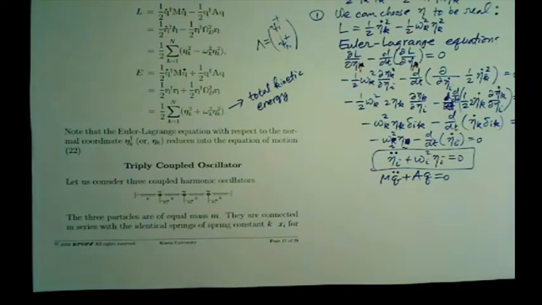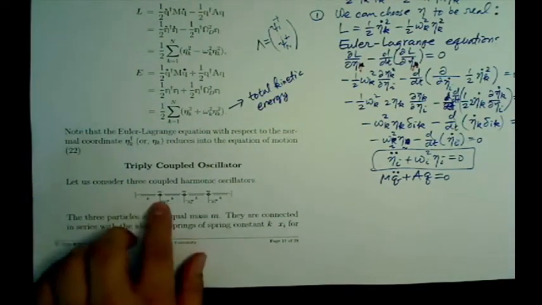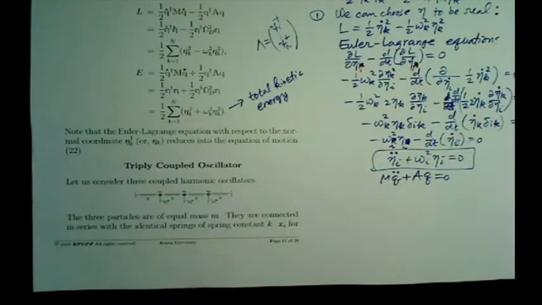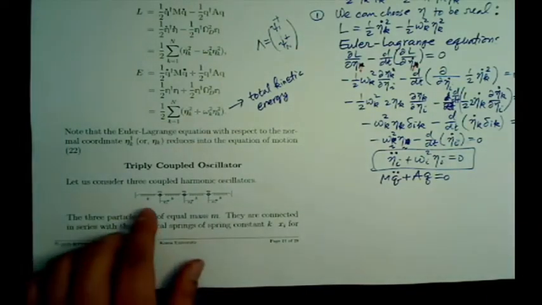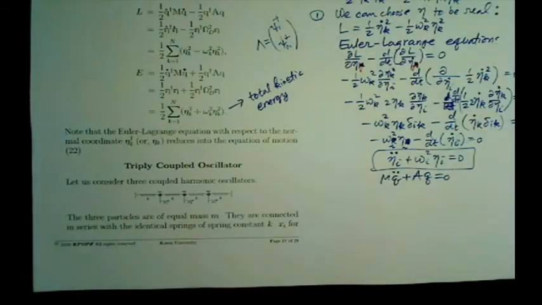To simplify our analysis, we use all identical beads that are connected with identical springs, where the spring constant is k and the mass of each particle is m.